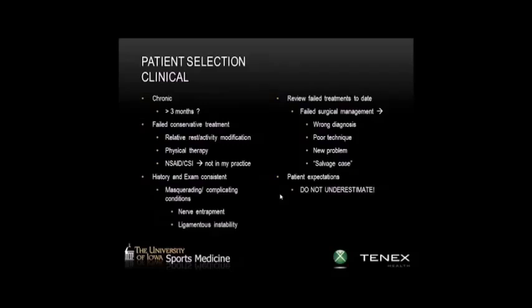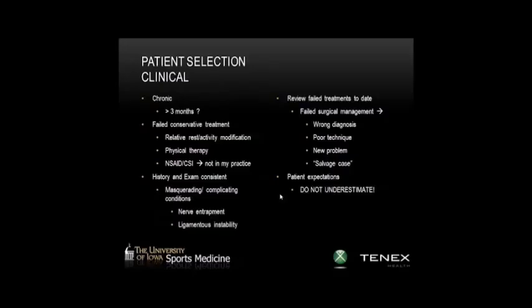They may have tennis elbow, chronic tendinosis at the common extensor tendon, but perhaps they have a radial nerve entrapment, and really that's where their symptoms are coming from. If you treat their tennis elbow, they're still going to have their radial nerve entrapment, and so they're not going to do well.